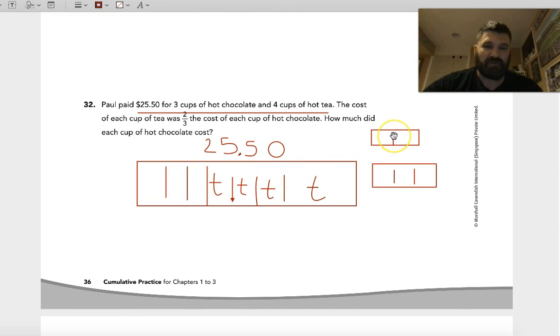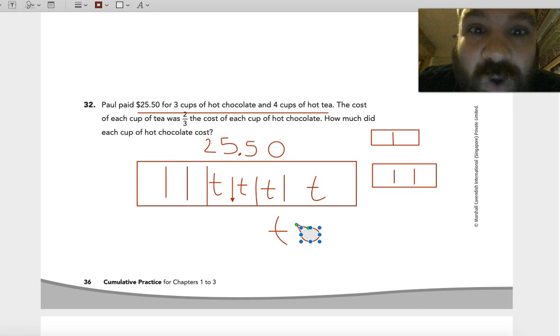So if there are 2 parts for 1 cup of tea, that's 2, 4, 6, 8. So we know that in total tea, there are how many total parts? 8. For hot chocolate, what would you get there? We would just do the same.